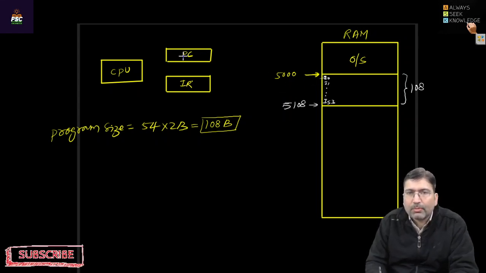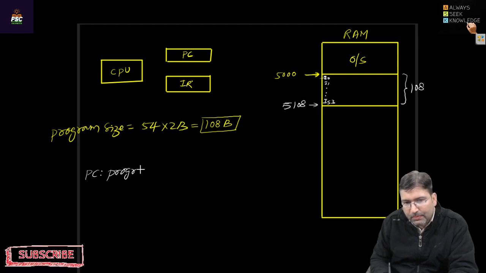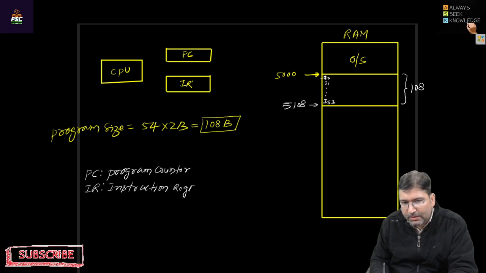What is the program counter? The program counter stores the address of the instruction that needs to be executed next. So PC I'm writing here, program counter. And what is IR? IR is the instruction register. These both are registers only.